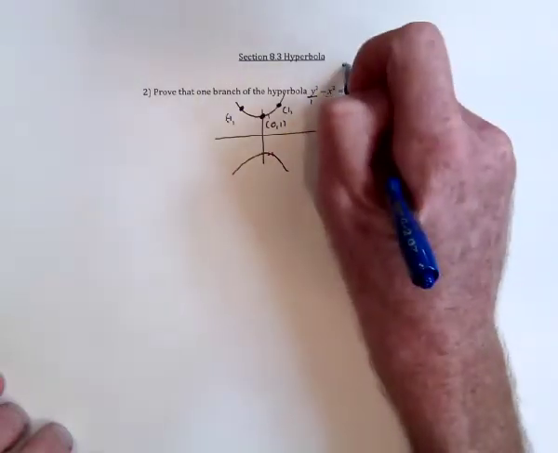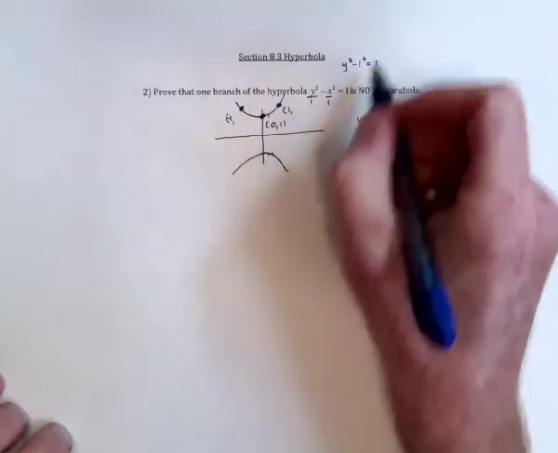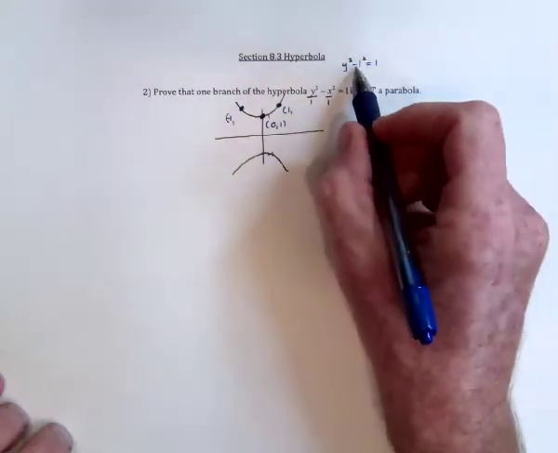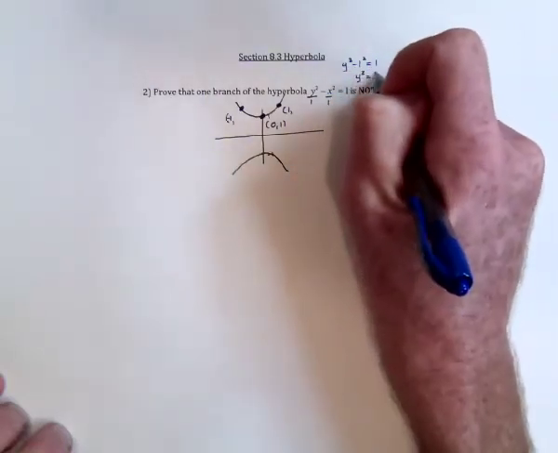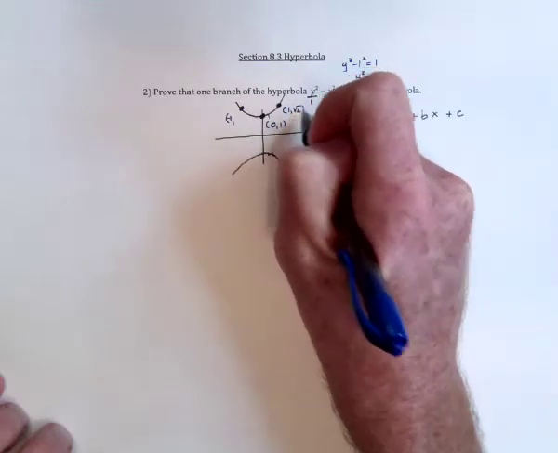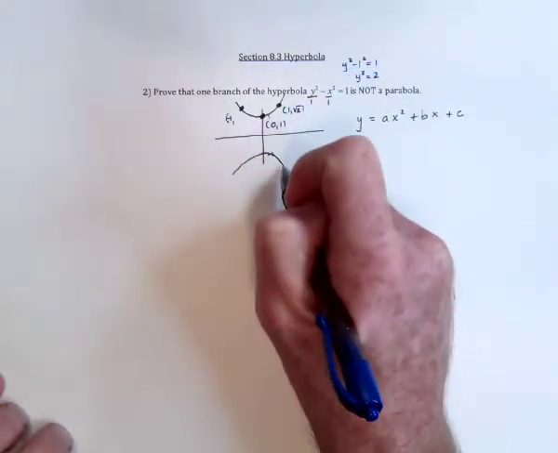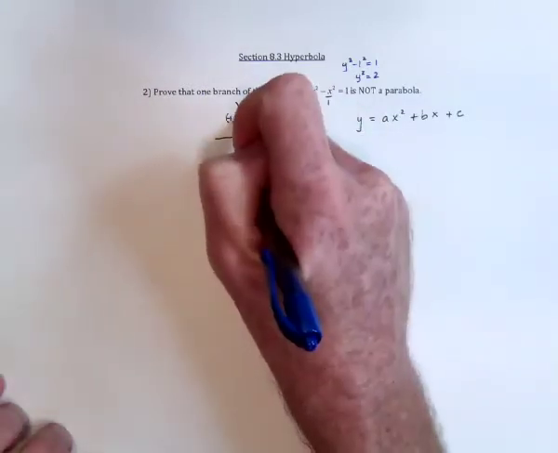Move it to the other side. So in other words, we've got y squared minus 1 squared equals 1. The 1 gets squared. It's still negative. There's still a subtraction sign in front. Move it to this side. Y squared is equal to 2. So that means the y is equal to the square root of 2. And if we were talking about this one down here, we would also use the negative square root of 2.